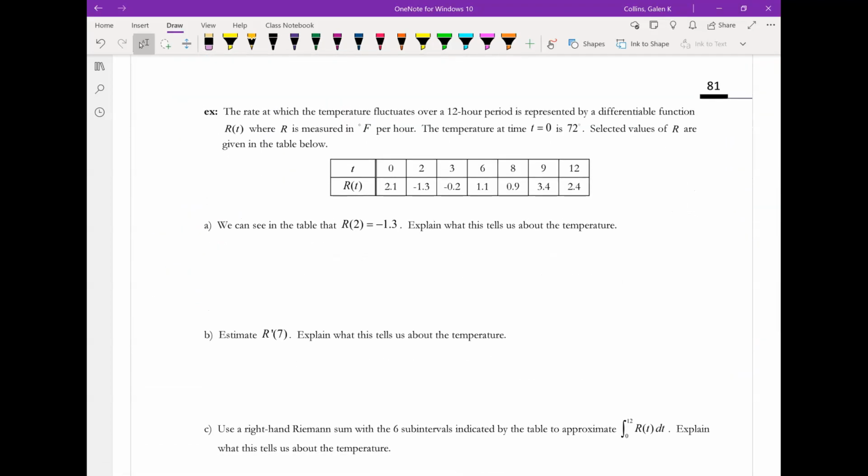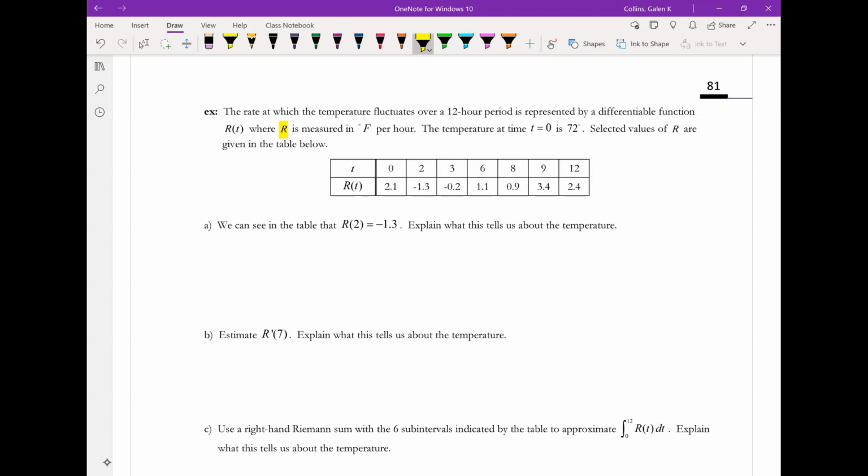All right, the example on page 81, we've got another table problem, but this time we're working with a rate in context. So let's be careful that we decode this prompt. The rate at which the temperature fluctuates over a 12-hour period is represented by a differentiable function r of t, where r is measured in degrees Fahrenheit per hour.